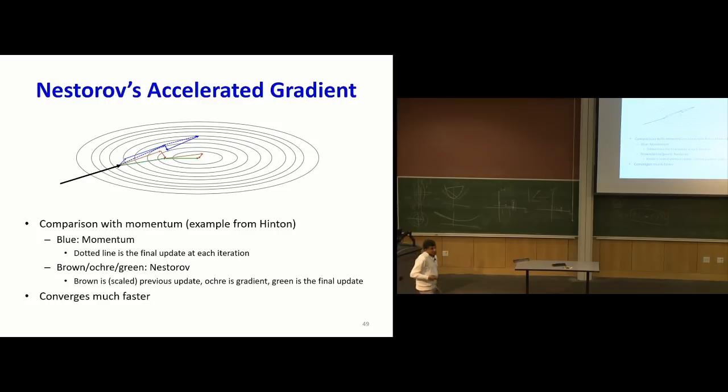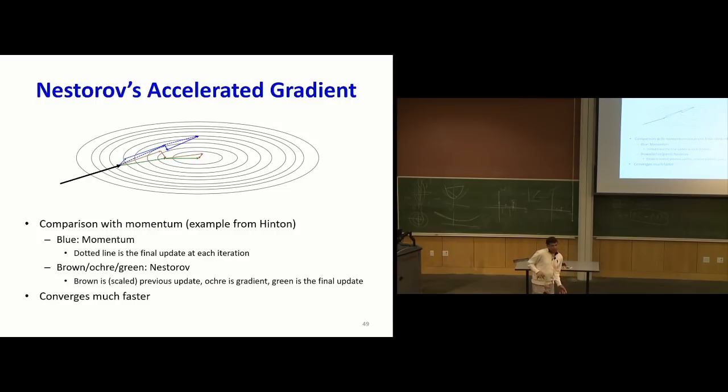On the other hand, Nesterov's method, here's what you would do. You would first continue walking in the same direction, then compute the gradient, and that's going to be the final position. Then in the next iteration, you continue walking in the same direction as the previous green, and then look at the gradient, and that's going to be the final position. Is there a chance that normal momentum will be faster than Nesterov's?